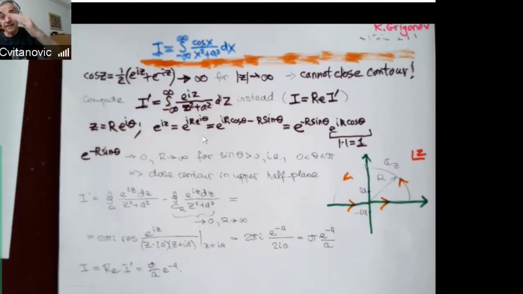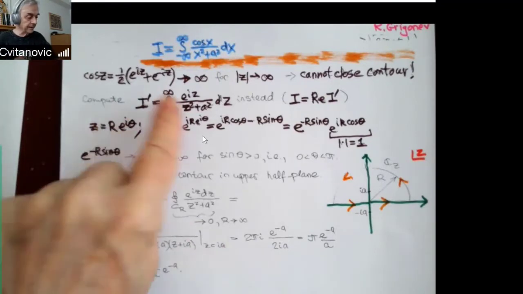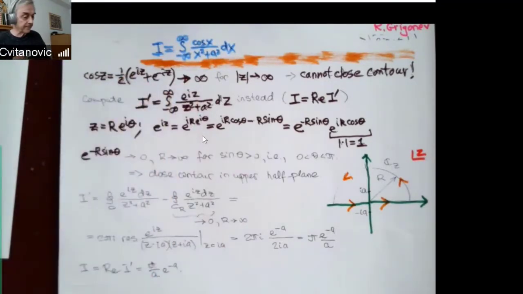And if I add a little imaginary part the other way, then the other one decreases. So as I look at this object, I cannot close the contour either above or below, because one of these terms will blow up.